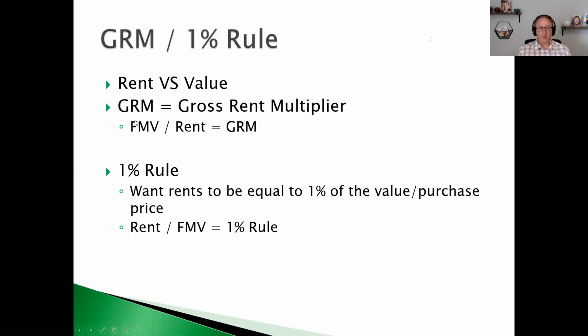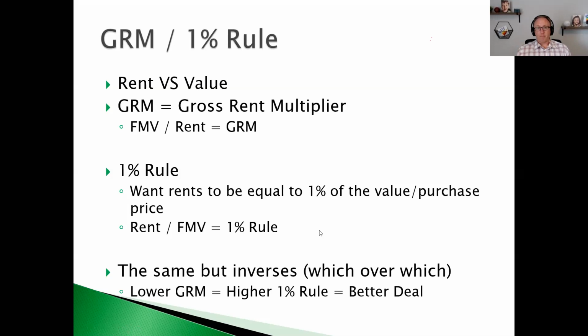And the same thing for the fair market value. We're just flip-flopping some things. So they're the same, but they're inverse, okay? A lower GRM equals a higher 1% rule. The lower the GRM, the higher the 1% rule, the better the deal.